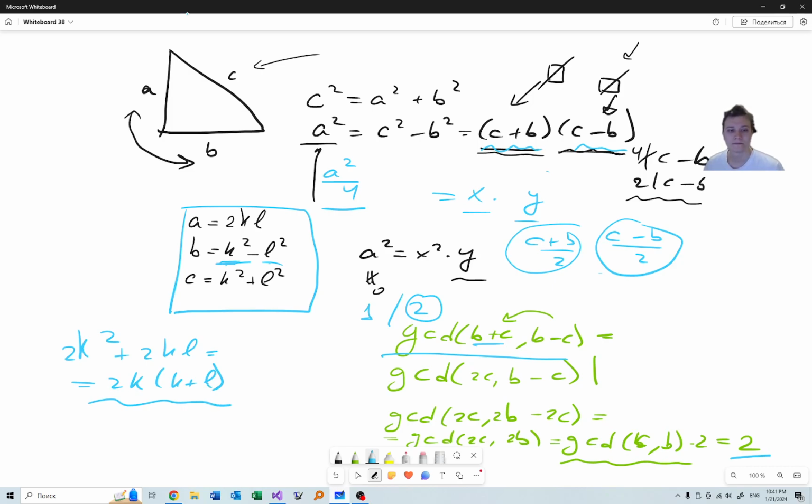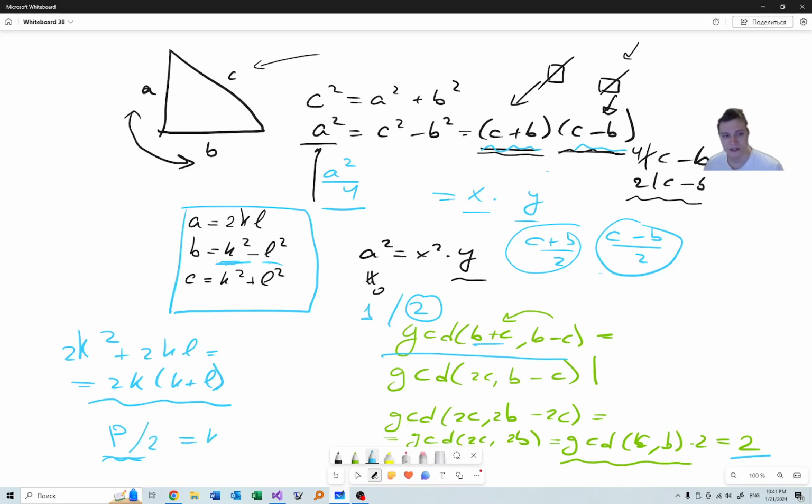Great. So we need to find the number of ways, for each number p. First of all, the perimeter should be even, so let's divide it by 2.